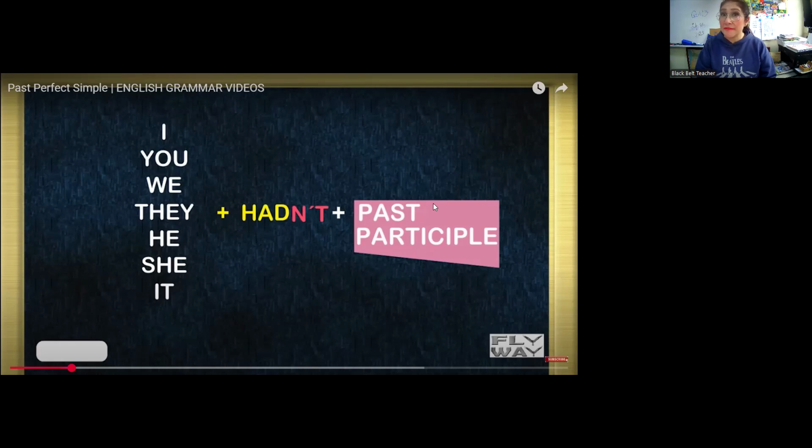We had found out. Eles tinham viajado. They had traveled. Ela tinha comprado. She had bought. Ele tinha comido. He had eaten.